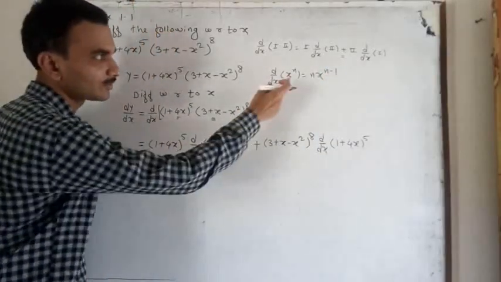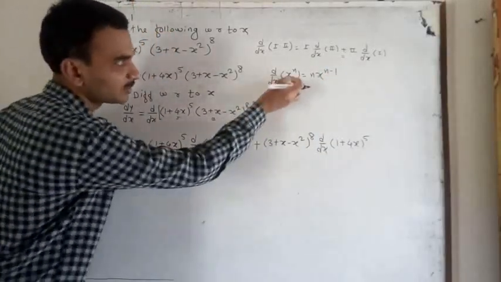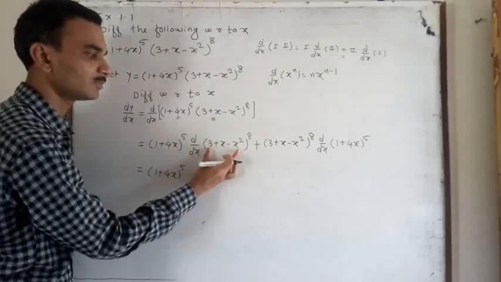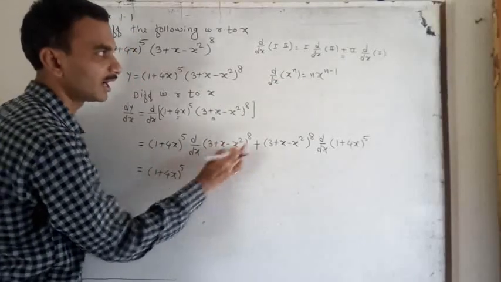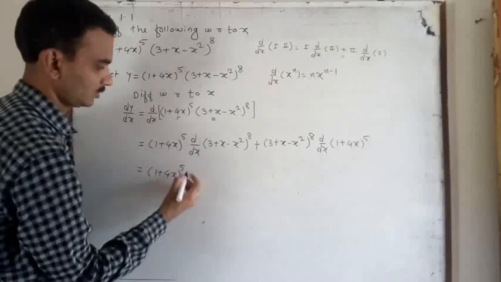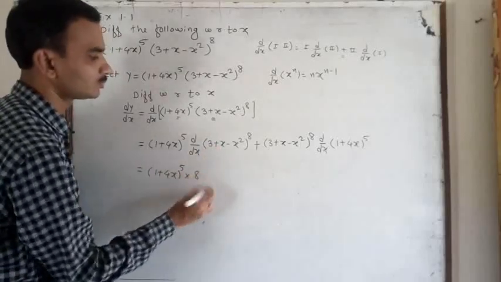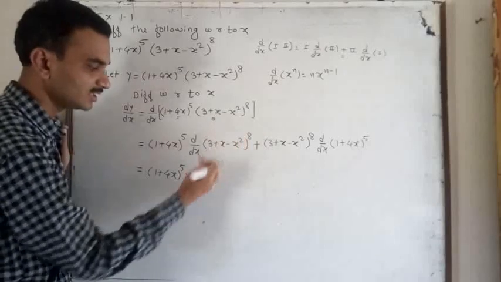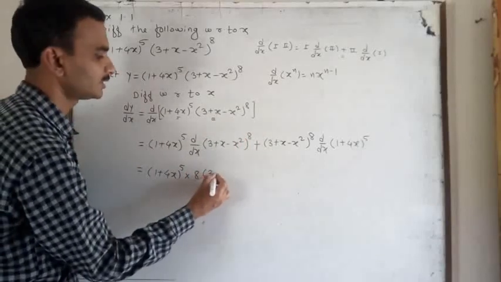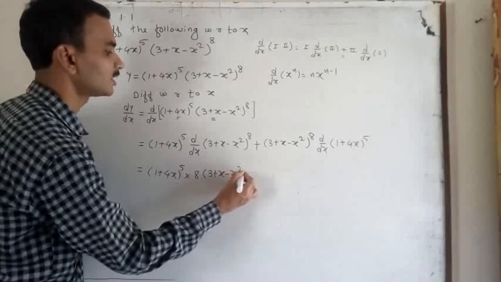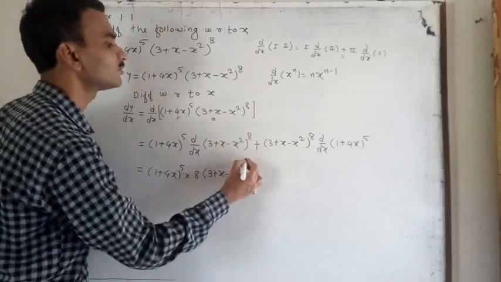So we apply this formula here. Here x means this term 3 plus x minus x square, and n means 8. So 8 into 3 plus x minus x square raised to the power 8 minus 1, means 7.